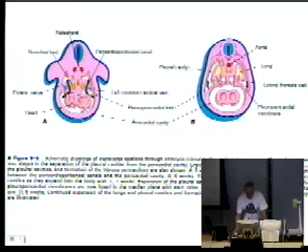So these folds are moving toward each other, and then ultimately we see obviously they are going to fuse together and separate the pericardial cavity from the pleural cavity. And there can be defects in this, and that's a part of what we'll see in the end.